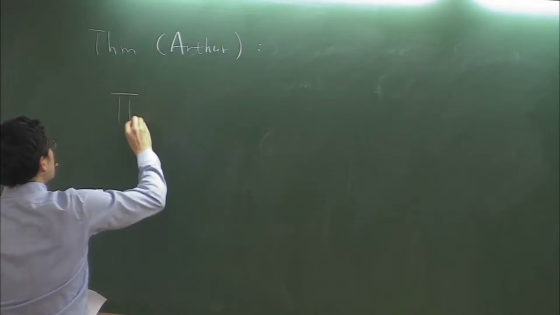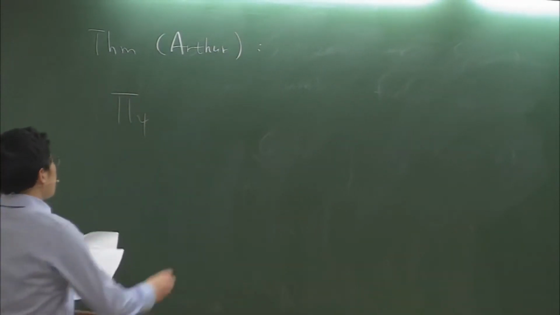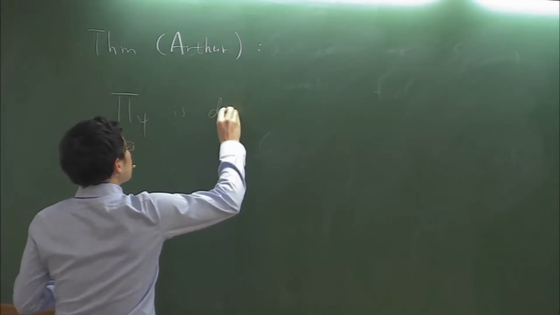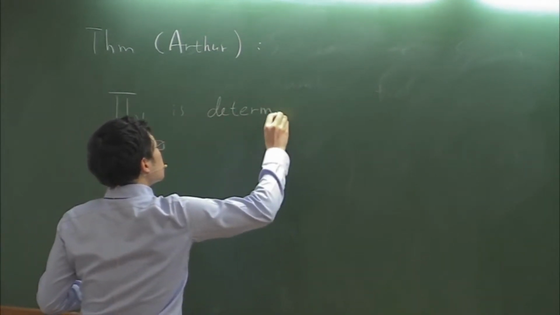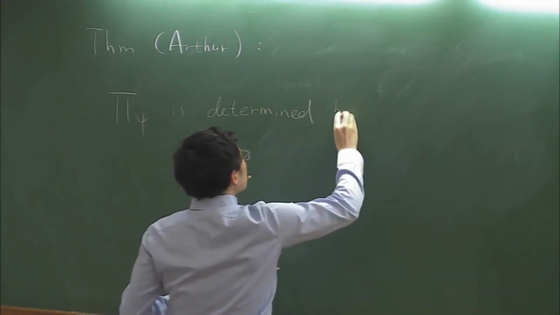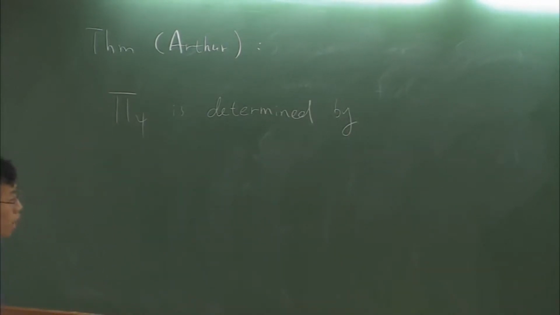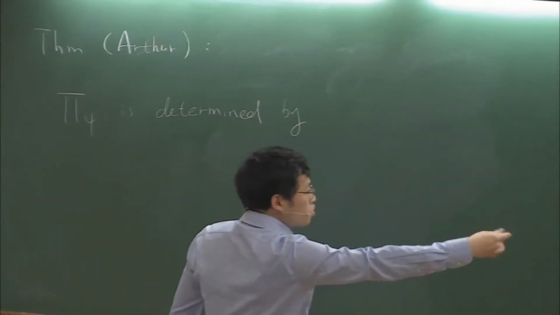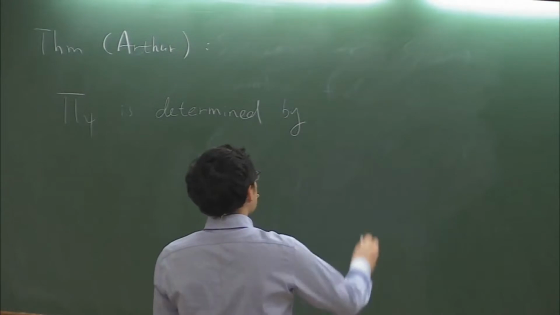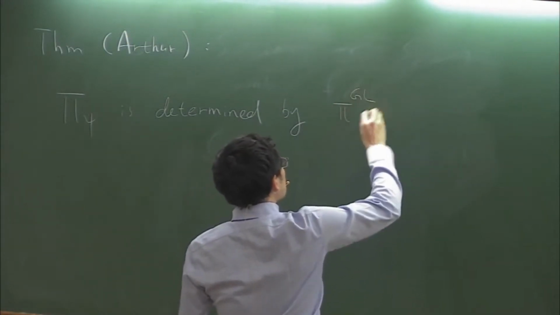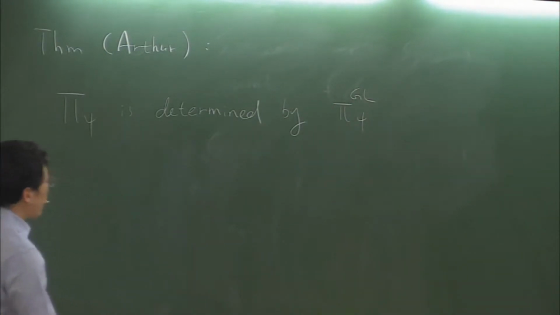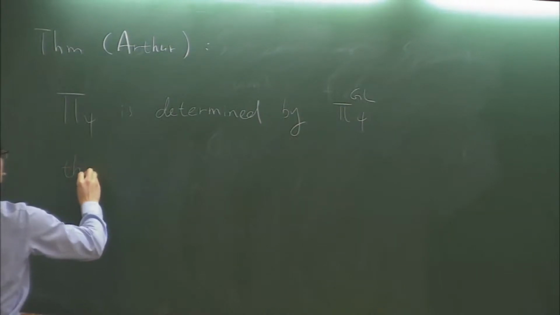It says that for that parameter, the packet is determined by the representation of GL_N we constructed. And this determination is through the character relation.